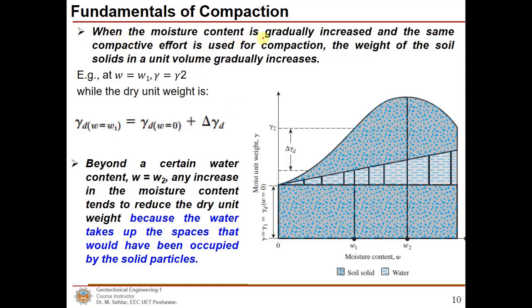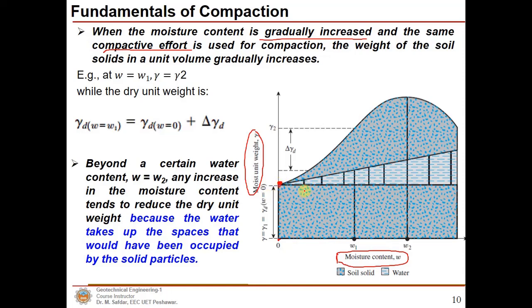When the moisture content is gradually increased and the same compactive effort is used for the compaction, the unit weight of the soil solids in a unit volume gradually increases. Again, we are discussing the previous figure, that if we plot the moisture content and the moist unit weight, at the start, at 0 water content, gamma 1 is equal to gamma d, that would be the dry unit weight.